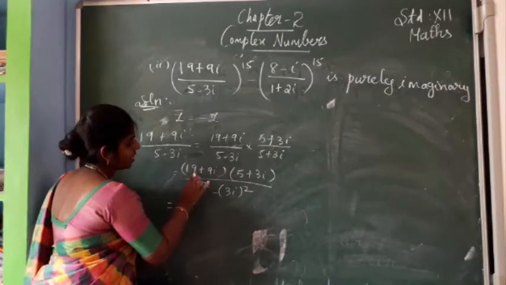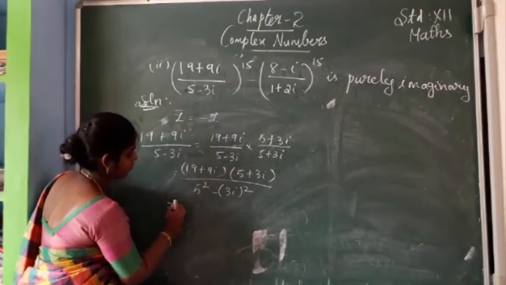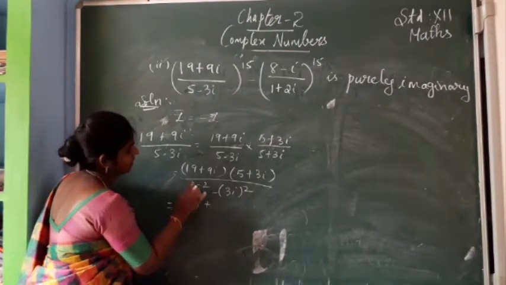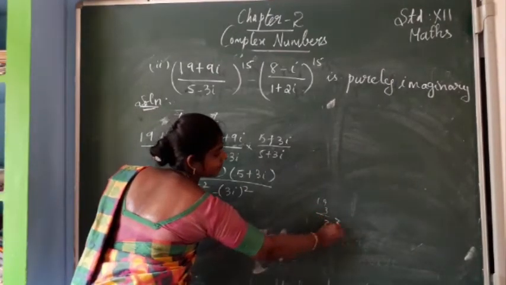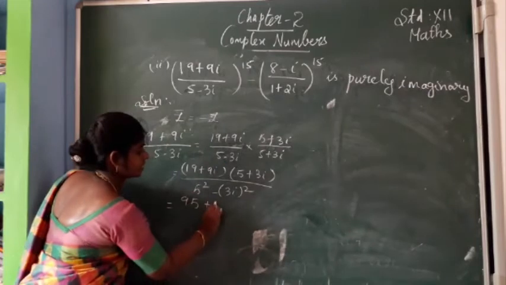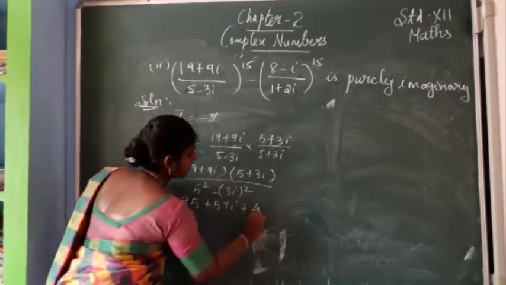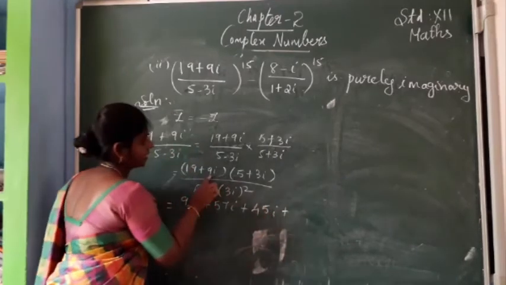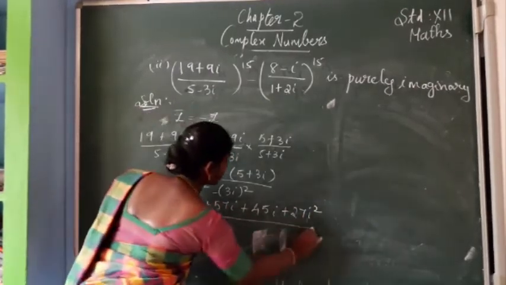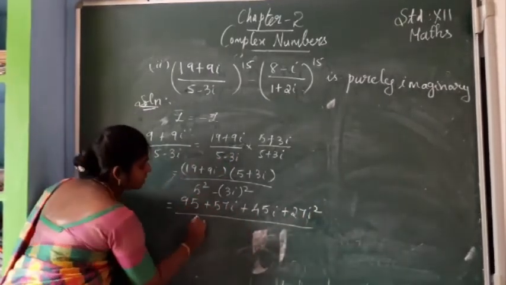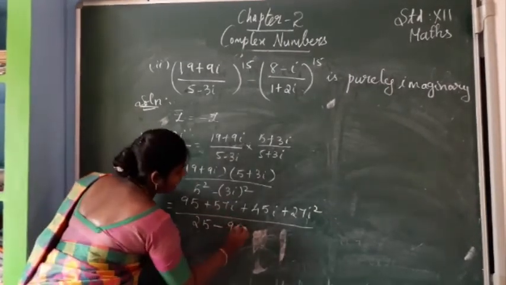Multiply: 19 into 5 is 95, plus 19 into 3i is 57i, plus 9i into 5 is 45i, plus 9 into 3 is 27 i square, divided by 25 minus 9 i square.